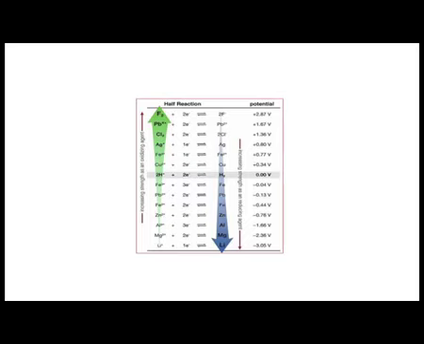In all these examples, we have given only a few, starting from the electron transfer potential values from lithium, which is the strongest reducing agent at minus 3.05 volt, to the strongest oxidizing agent, which is fluorine. We have seen that in our previous class by looking at the periodic table.